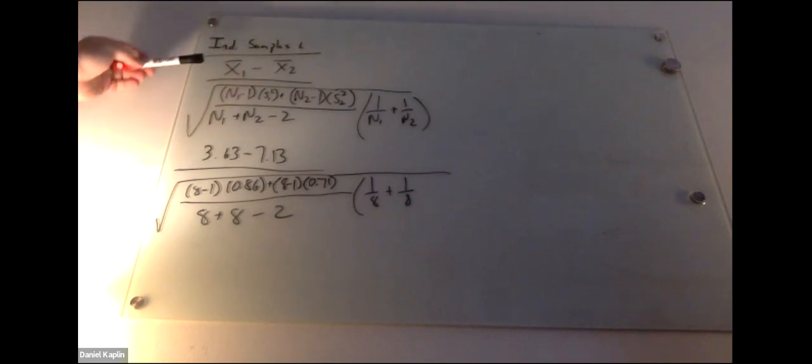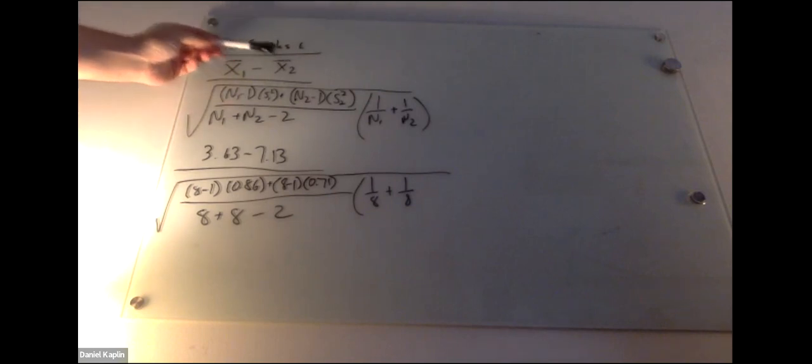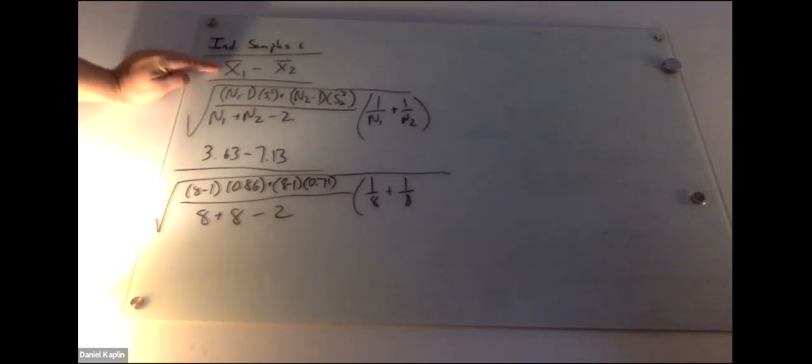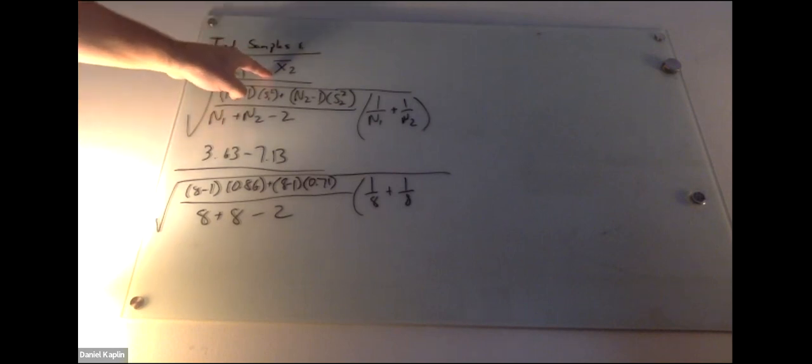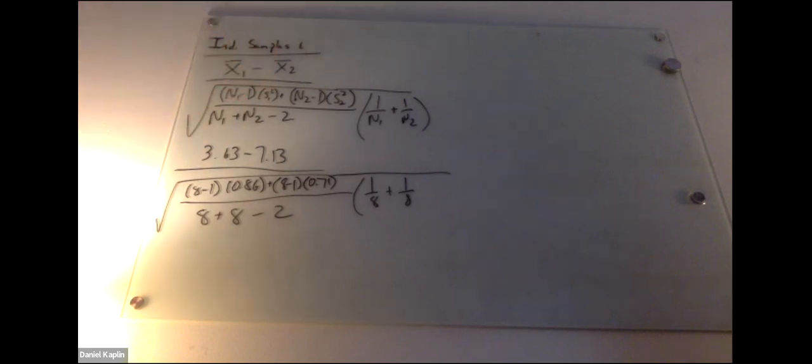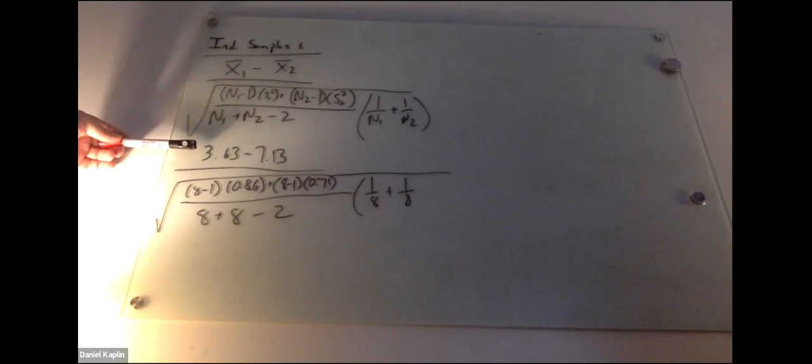Okay, so what we have here is I first put on the board the independent samples t-test. So we have x bar 1 minus x bar 2. X bar 1 refers to your first sample mean, and x bar 2 refers to your group 2 sample mean. If you go back to the numbers on your PowerPoint slide, you will remember that in group 1, when they worked alone, the mean was 3.63.